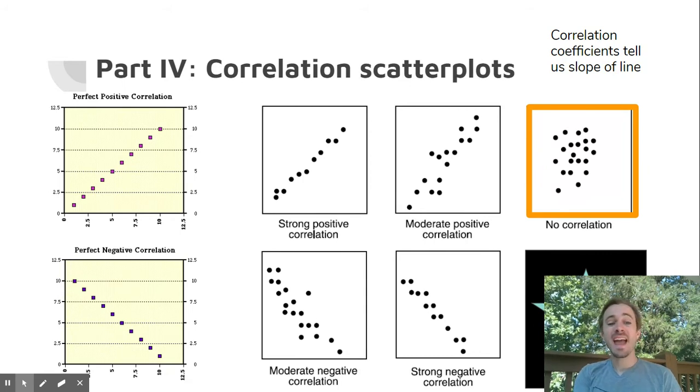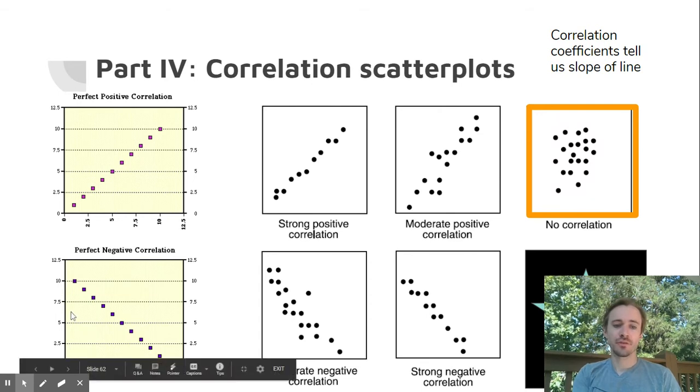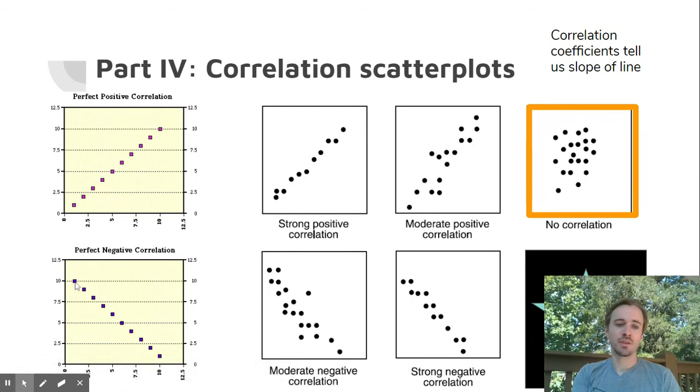On the flip side, though, a negative correlation, as one goes up, the other goes down. So, for instance, as the x-axis goes up, the x-axis is getting larger, we see the y-axis going down, right? X-axis is very low, it's almost 0, the y is at 10. But as the x-axis works its way up to like 10, the y-axis drops to almost 0. Okay, so a negative correlation is going in the other direction.